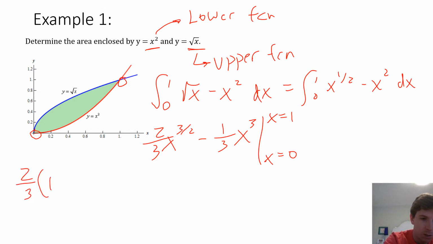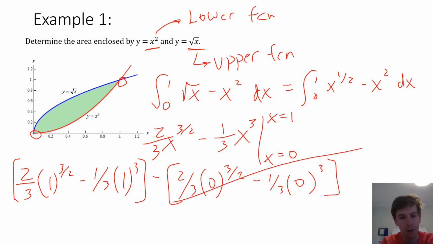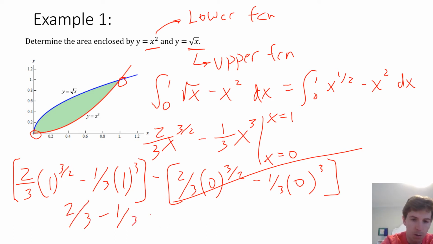So 2/3 times 1 to the 3/2 minus 1/3 times 1 cubed, minus 2/3 times 0 to the 3/2 minus 1/3 times 0 cubed. This is all going to be 0, which is pretty helpful. This will just be 2/3 minus 1/3. 2/3 minus 1/3 equals 1/3.